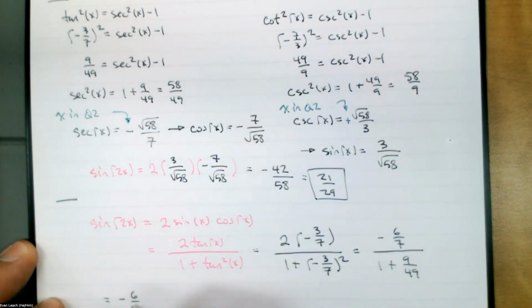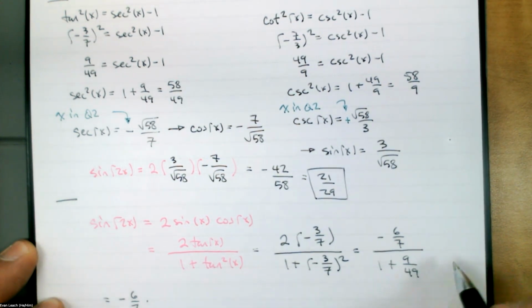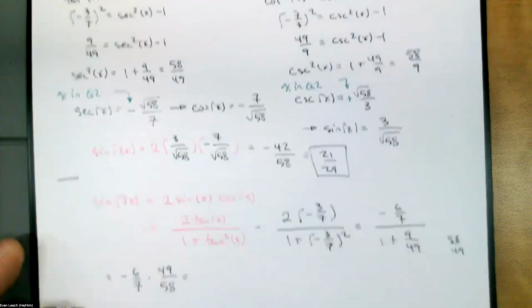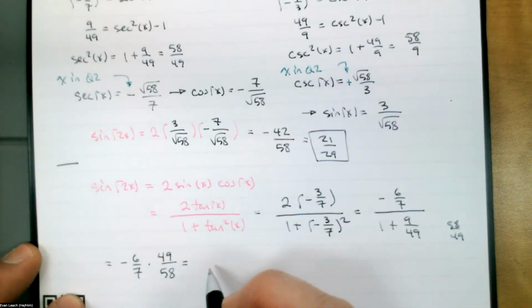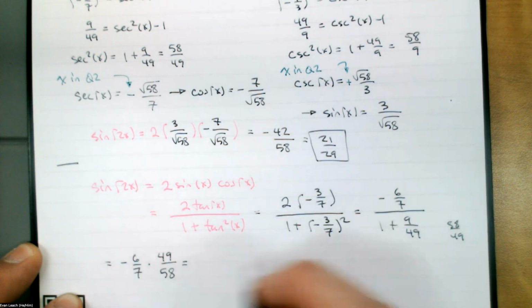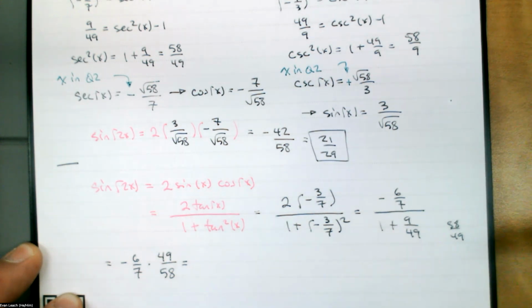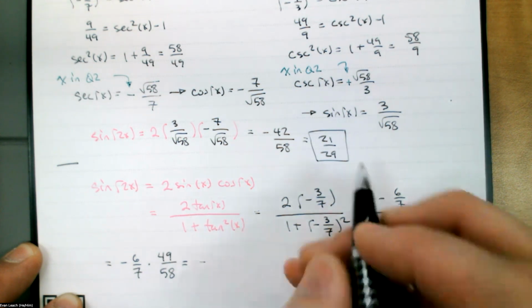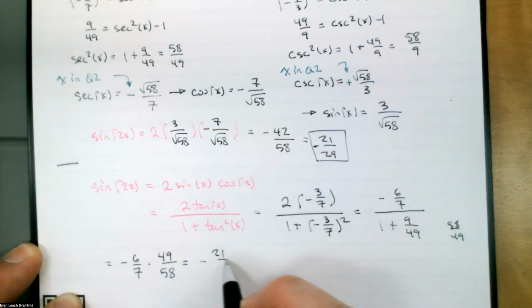So we'll get negative 6 over 7 times, down here we'll have 49 plus 9 is 58. So times 49 over 58, because I'll multiply by the reciprocal. Then we can simplify. I can take a 7 out of the 49 and take a 2 out of the 58. What's half of 58? 29. So I get this negative 21 over 29.